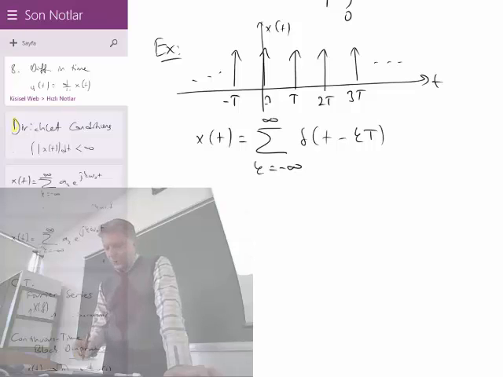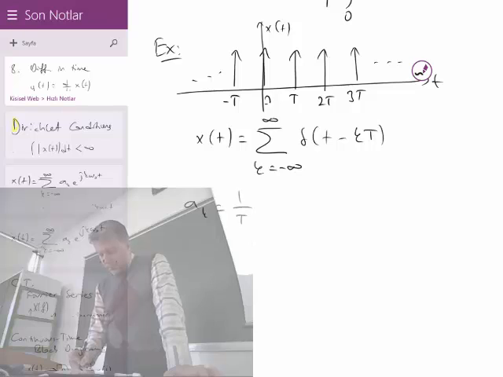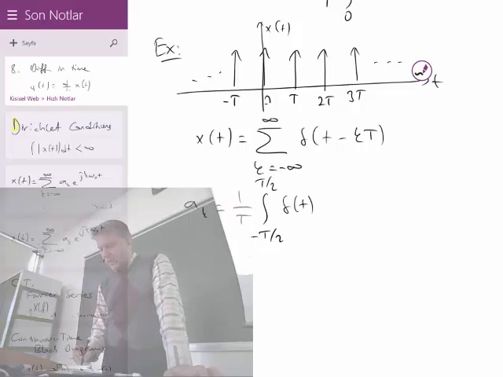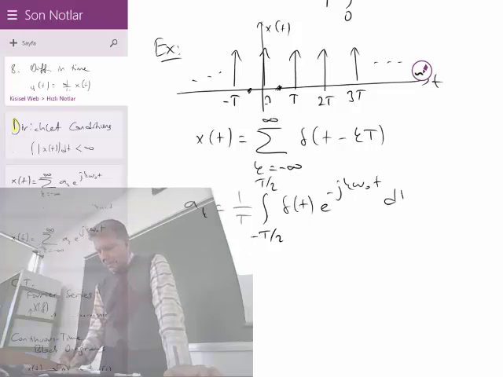And the best way to find these Fourier series coefficients is directly using the formula. Because inside the integral, within one period, we have impulses. Inside one period from here to here, there is only a single impulse in the center. That is delta t, e to the minus j k omega 0 t dt.